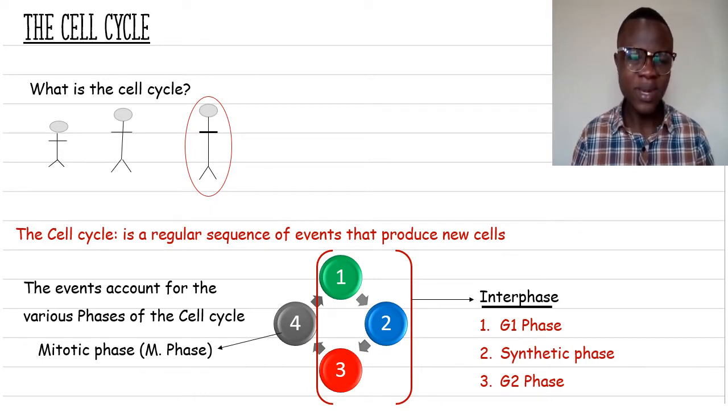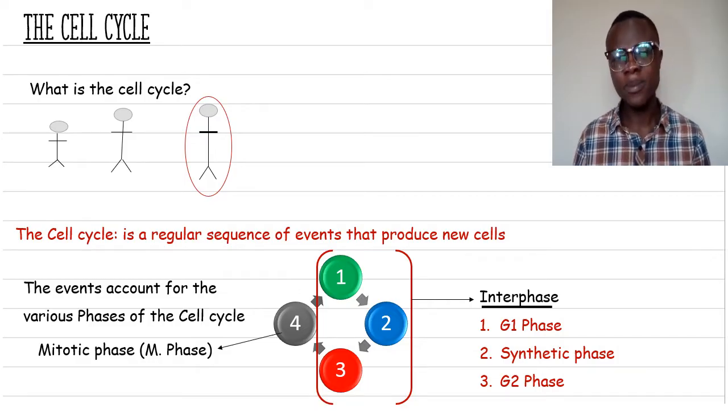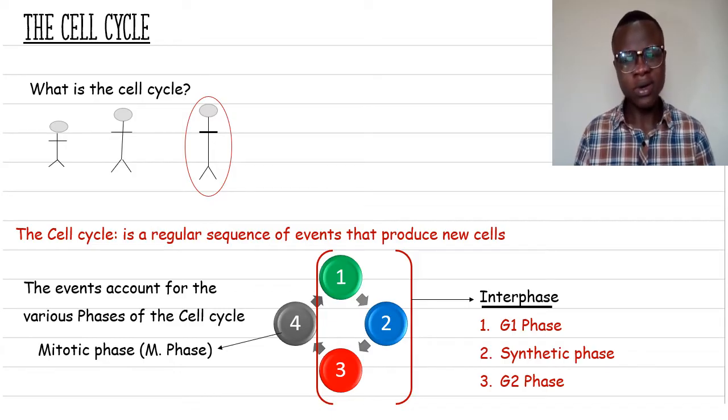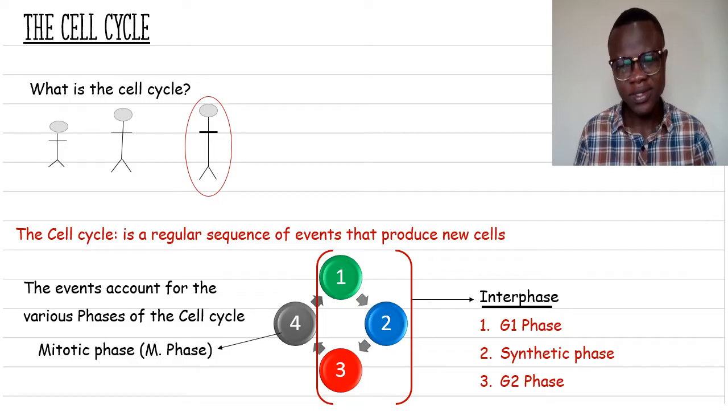When it comes to mitosis, we are not really going to delve deep into that for this tutorial. In a subsequent tutorial, we will look at the stages of the mitotic phase, meaning in somatic cells we have mitosis, and in gametes we'll discuss meiosis.